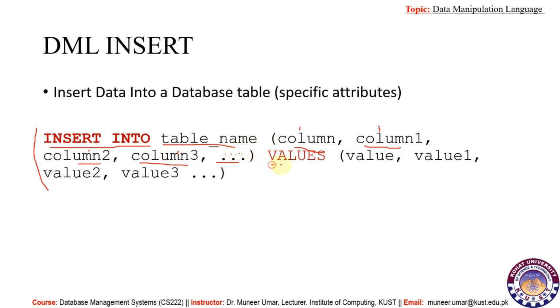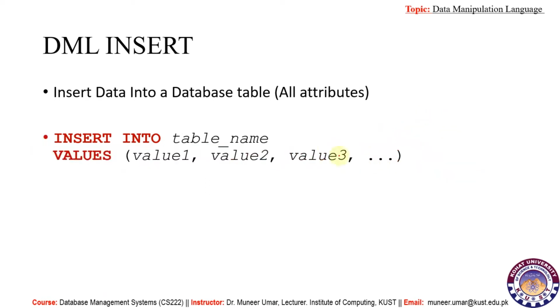Then we must type the values after the VALUES keyword. So if I type 4 column names in these 2 parentheses, then I must provide 4 values for these 4 columns. The first value would be for the first column, the second value would be for the second column, and so on.